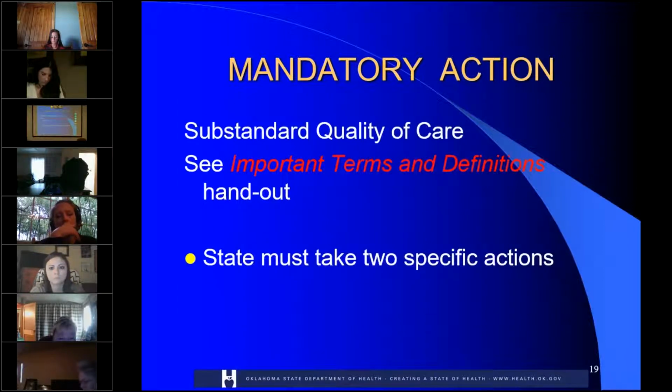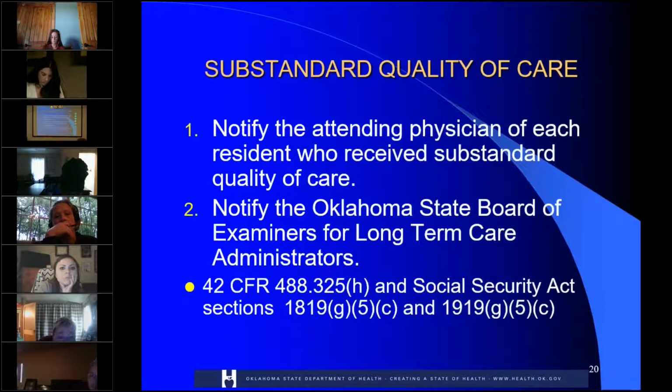Substandard quality of care. So see the important terms and definitions handout that I gave you. The state must take 2 specific actions when there's substandard quality of care. They have to notify the attending physician of each resident who receives substandard quality of care.